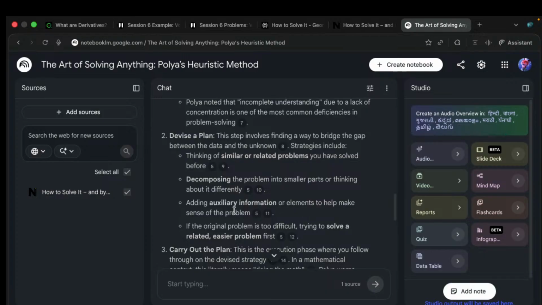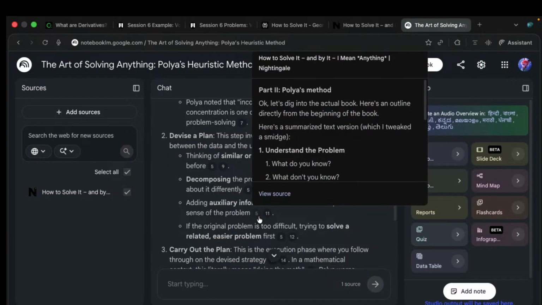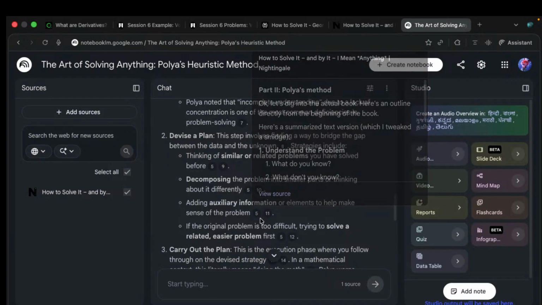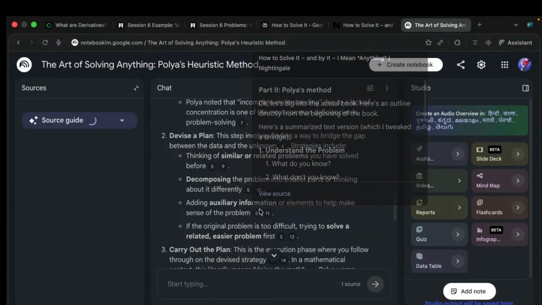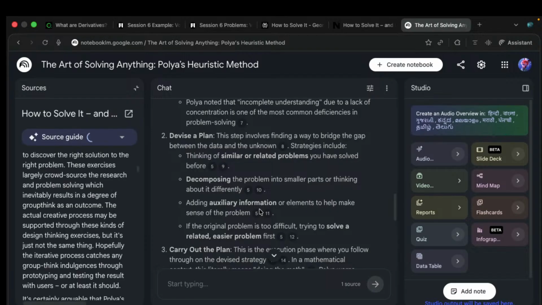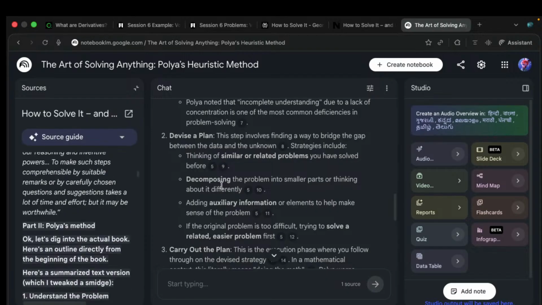Adding auxiliary information or elements to help make sense of the problem. So what is it actually telling us?